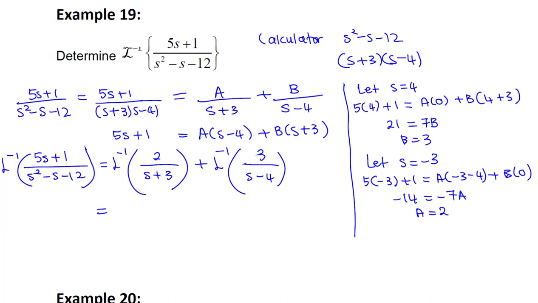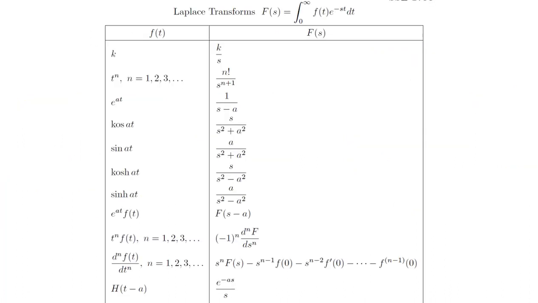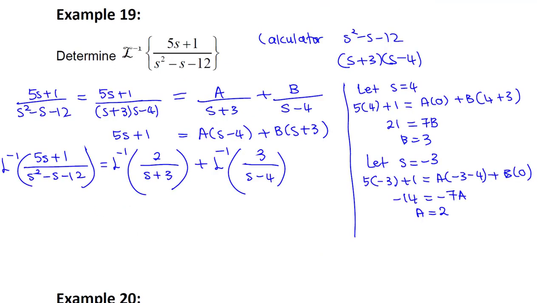So you refer to the formula. We get 1 over (s minus a) is e to the at. So you factorize: 2 Laplace inverse of 1 over (s minus (negative 3)) plus 3 Laplace inverse of 1 over (s minus 4).